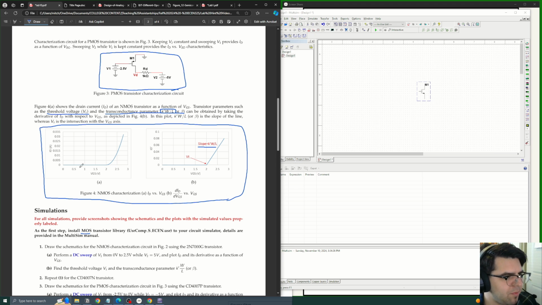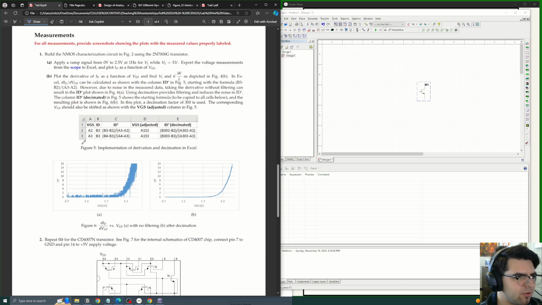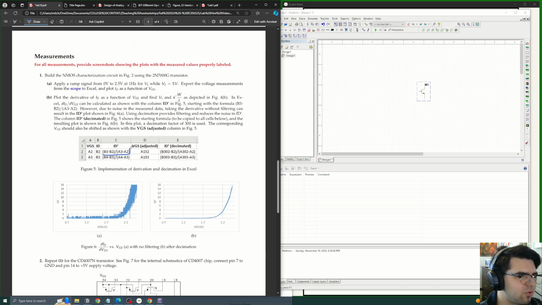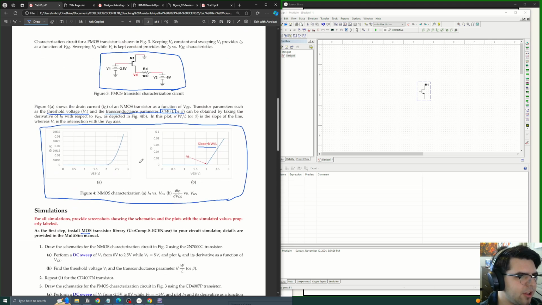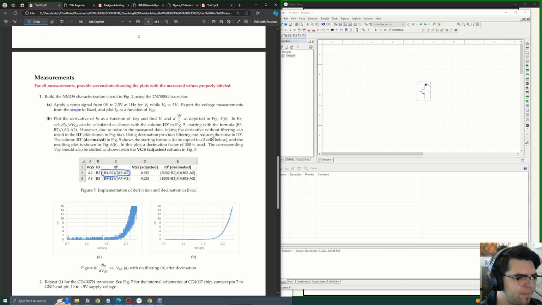You'll plot the drain current versus the gate to source voltage, and then take the derivative of that. Just do the pointwise derivative, just like it's shown right here. Plot that curve as well, and then you should be able to estimate what VT is, and estimate the maximum slope in order to get your transconductance parameter.